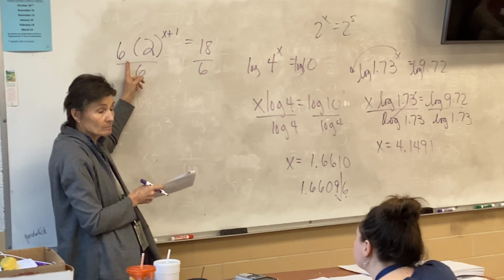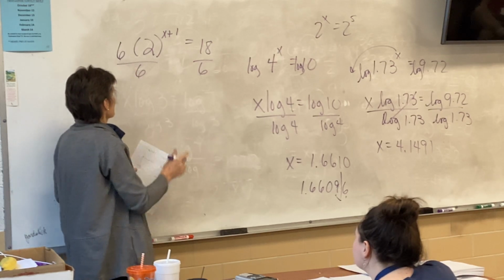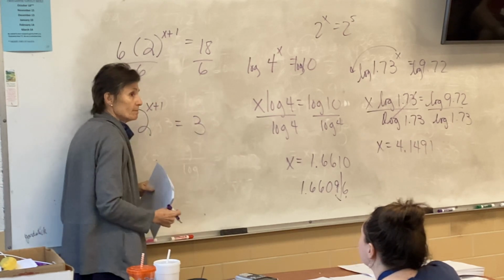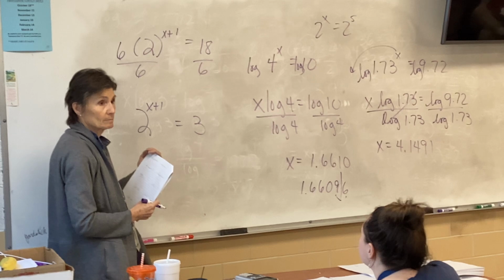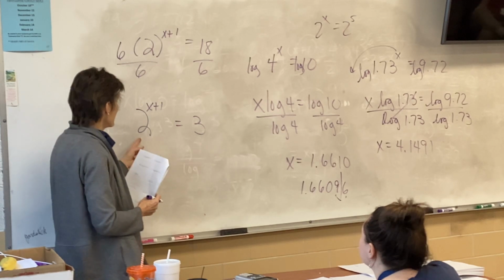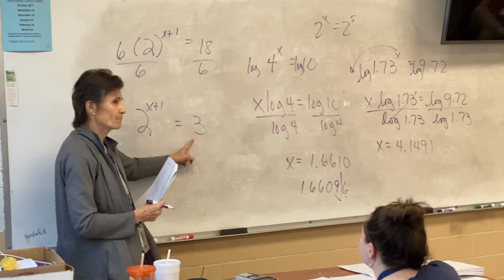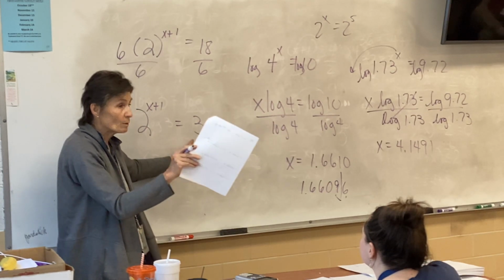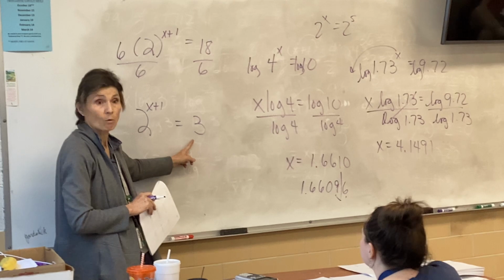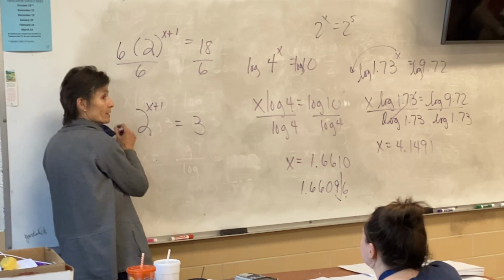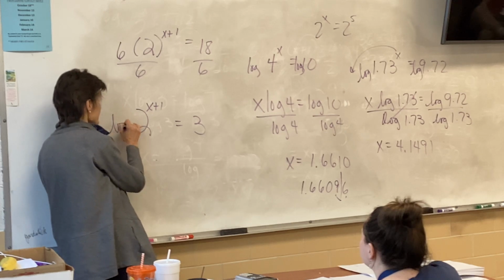Divide it out. So now we have 2 to the x plus 1 equals 3. Now those are nice numbers, but can you change a 3 into a 2? Now if it were a 4, we'd be all set, because 4 is 2 squared. But a 3 we can't handle, so we're going to log both sides.